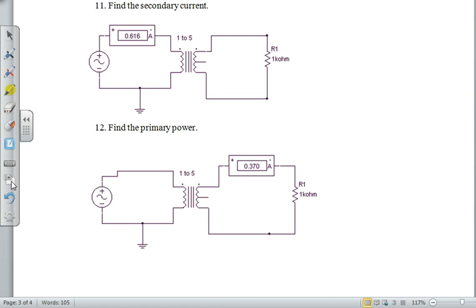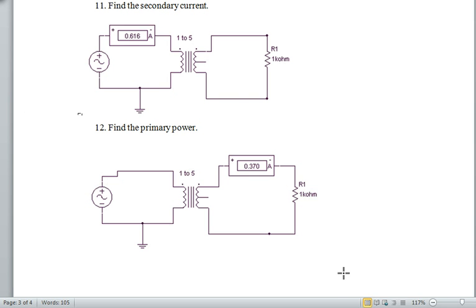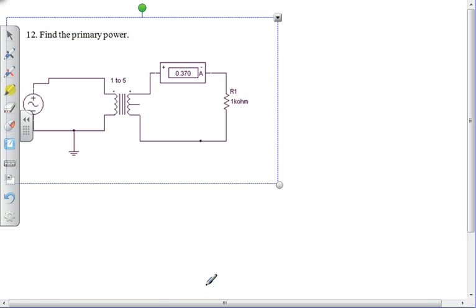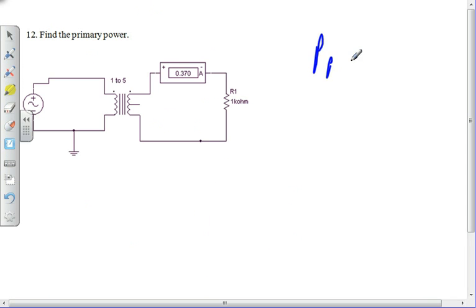Number 12. Find the primary power. Well, power primary is equal to power secondary. So why don't you just ask me for the secondary power?